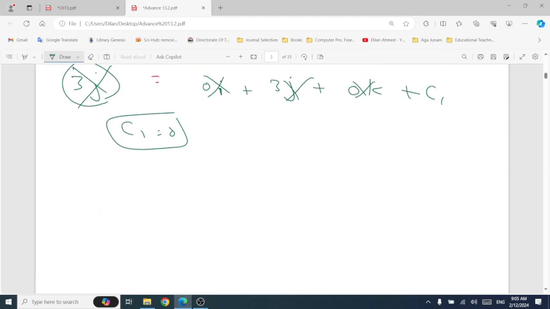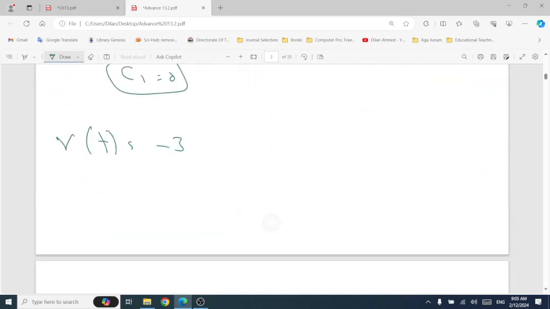So V(t), the general V(t), is equal to minus 3 sine t i, plus 3 cosine t j, plus 2t k. How about C1? Now it's clear.